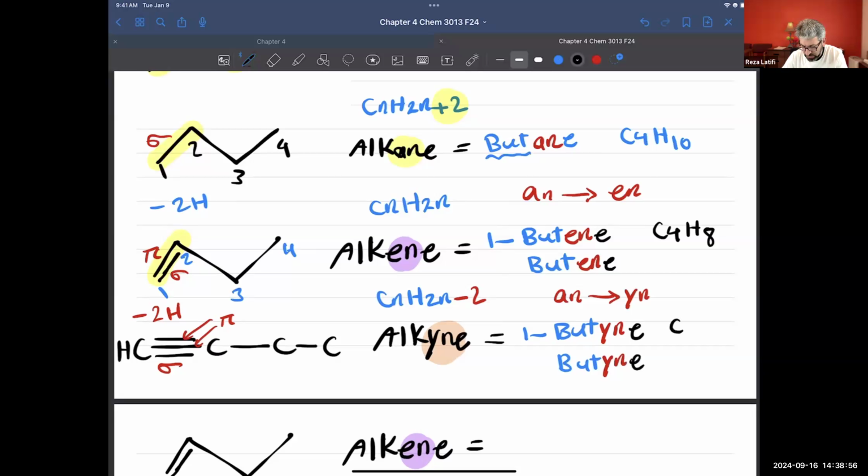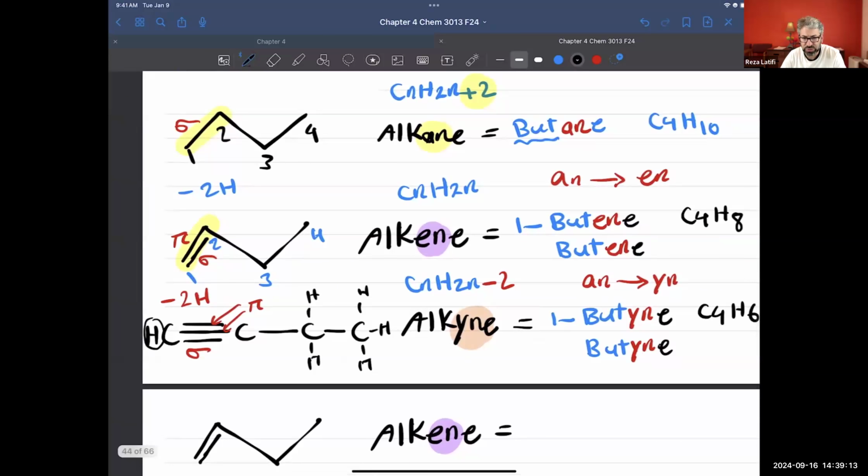And the formula will be C4, we subtracted 2 more hydrogens, so it will be 6. So we have 3 hydrogens there, 2 hydrogens here, and 1 hydrogen is attached to that carbon. So in total we have 6 of them.